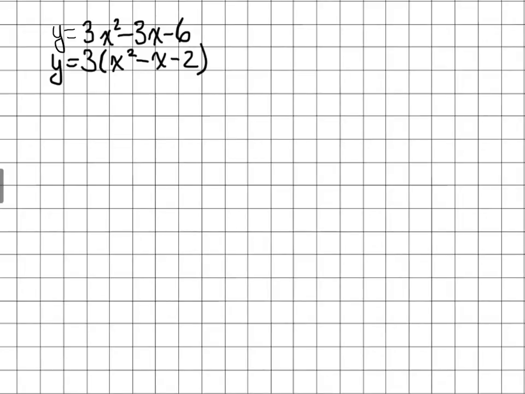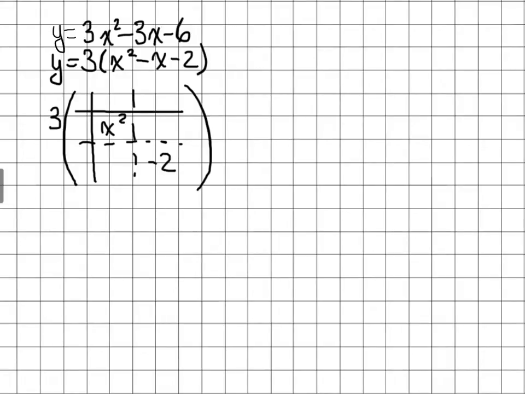So now we'll factor what's in the bracket. So I keep this as brackets, and I'm going to fill it in appropriately. So we have x squared here, and we have minus 2.